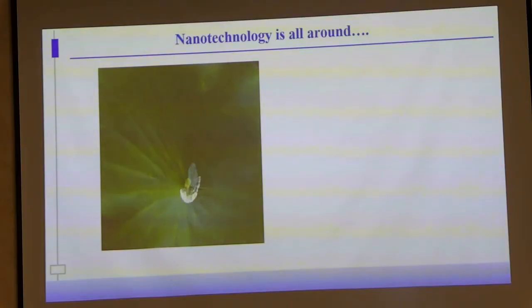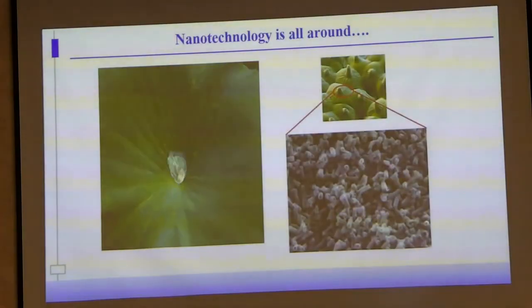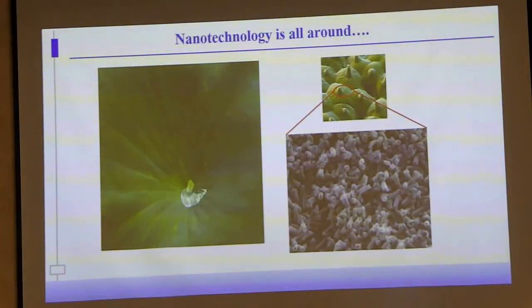You put a water drop, they will not get wet. And how does it happen? What is the specific property they have to repel water? Again, it's due to nanostructure. They have a specific type of nanostructural morphology that doesn't allow interaction with water. So that's hydrophobicity.